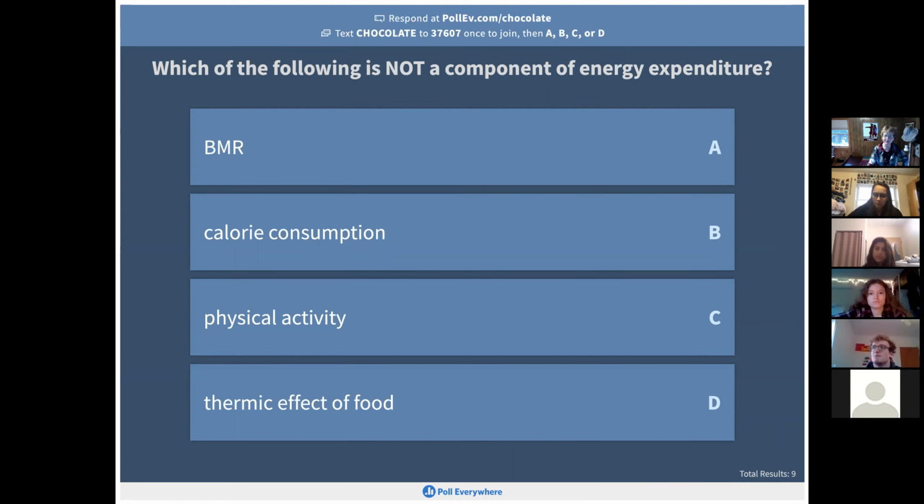Which is not a component of energy expenditure? Five, four, 3, 2, 1.